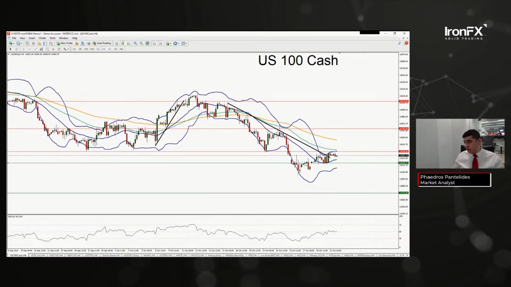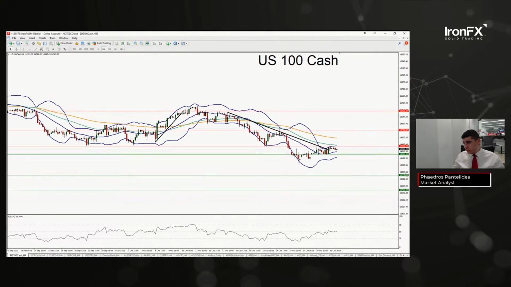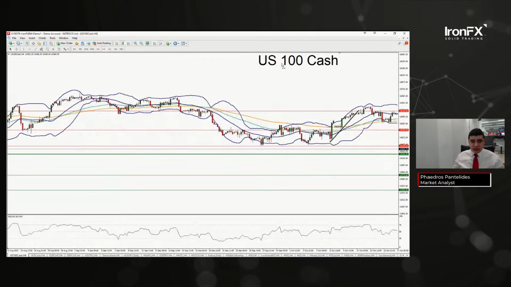Heavy buying pressure at this point. 14,245. It's actually close to our S1, so very tight support and resistance levels.